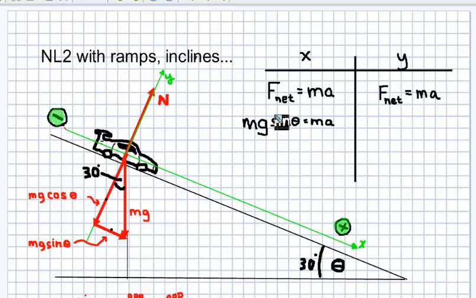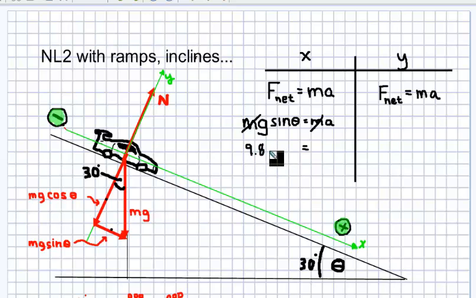So our Newton's second law looks like this. Mg sine theta, the only force in the x direction, equals ma. From here, we can solve for the acceleration. Let's say that's our goal. The m's will cancel, since there's an m in every term. And so you can see that the acceleration can be calculated by multiplying g, which is 9.8, times the sine of theta.